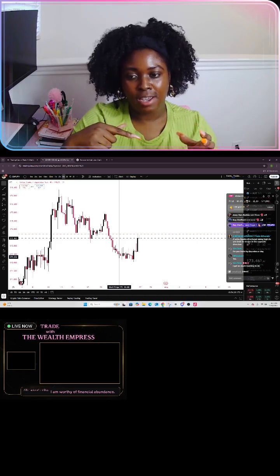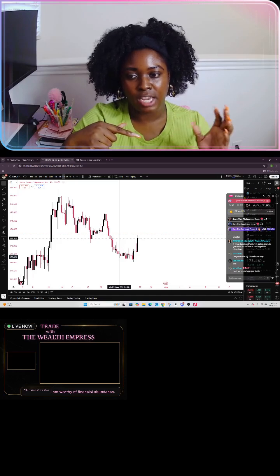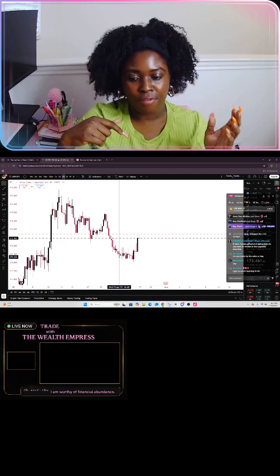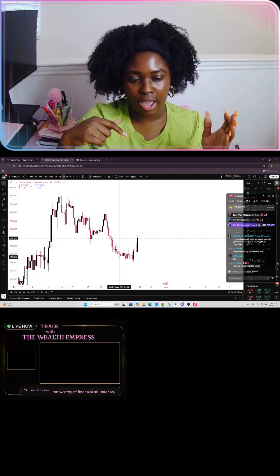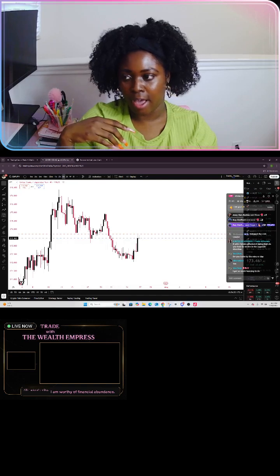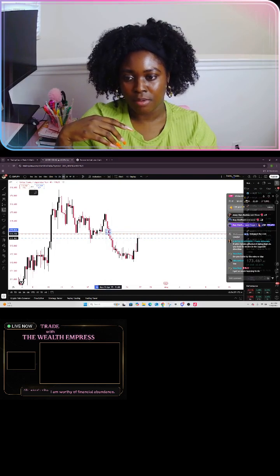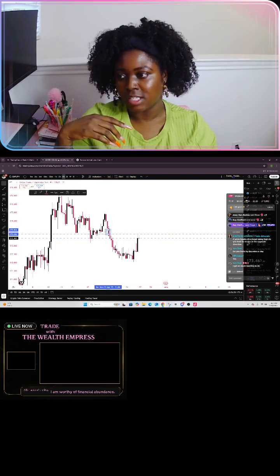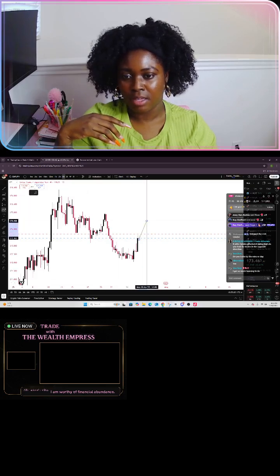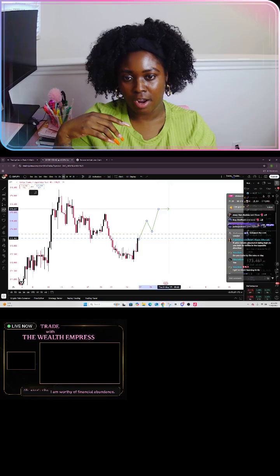So ICT, as far as entries, I'm looking for order blocks, breaker blocks, fair value gaps, and inversion fair value gaps. Okay? So fair value gaps is this. This will be a fair value gap. And what would make it an inversion gap is if price trades above it and then comes back and retests it and then continues higher.